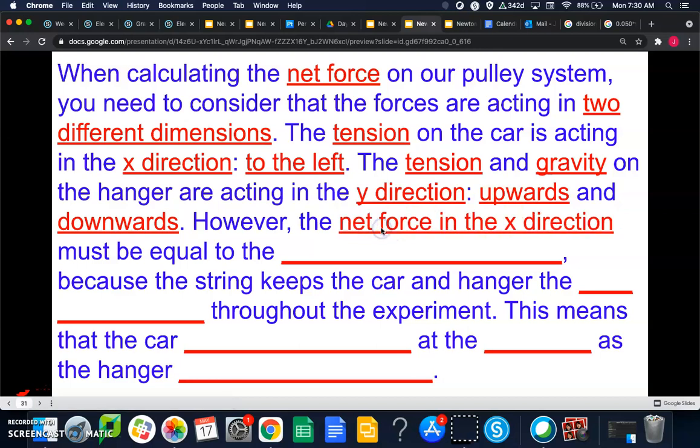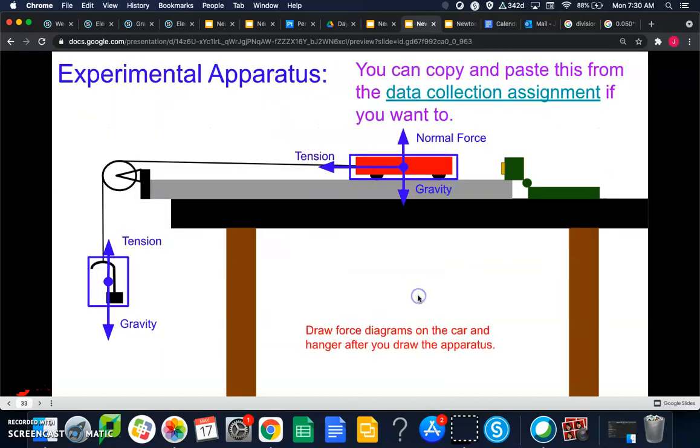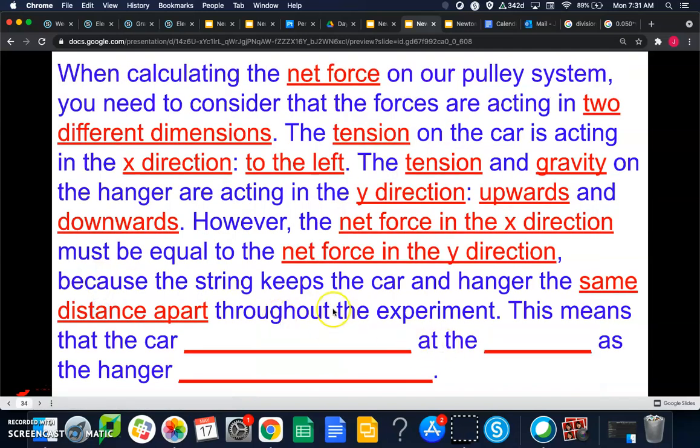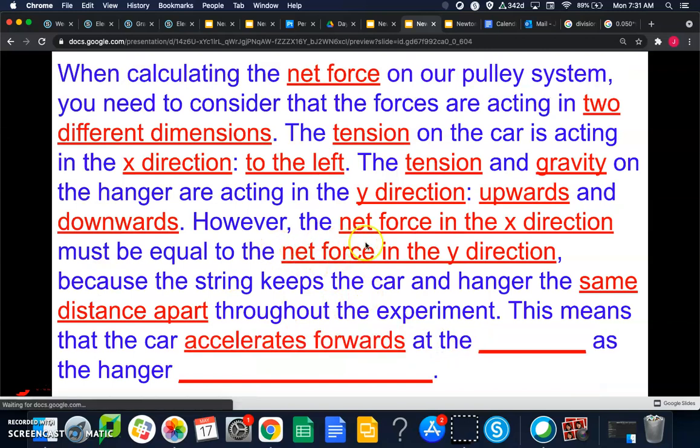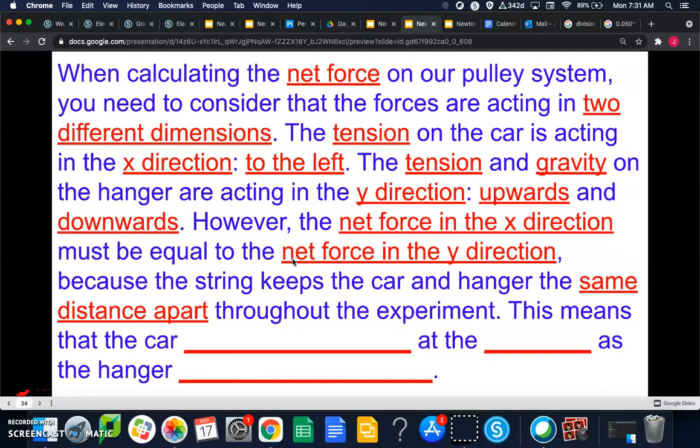Okay, however, the net force in the x direction must be equal to the net force in the y direction because the string connects the car and hanger. The string is going to make sure that at all times the car and the hanger are the same distance apart. So the net force in the x and y direction needs to be the same.